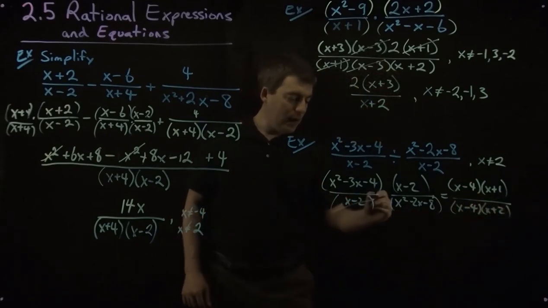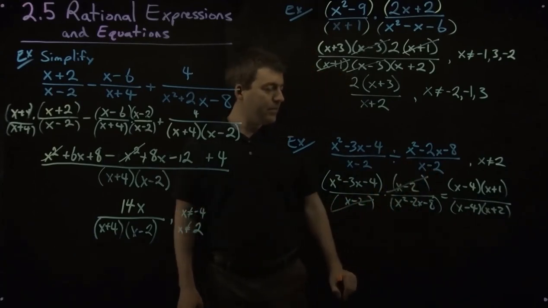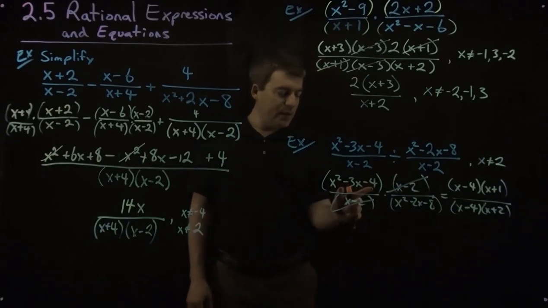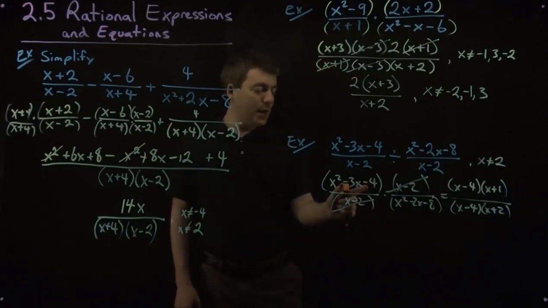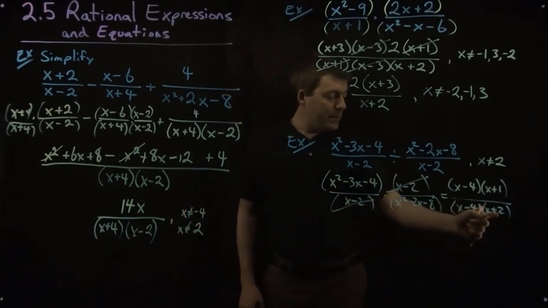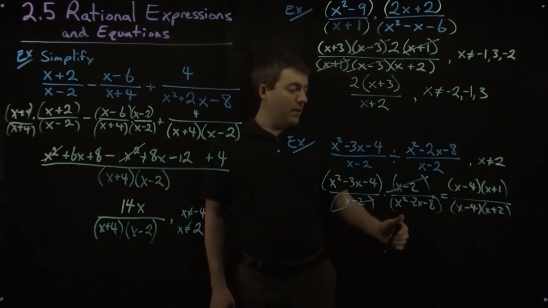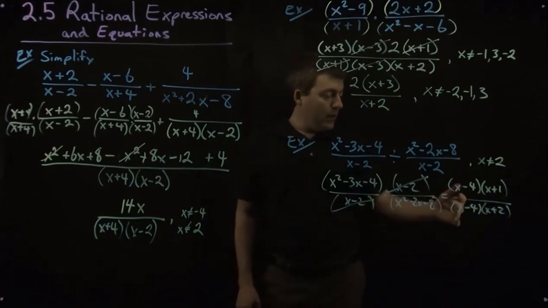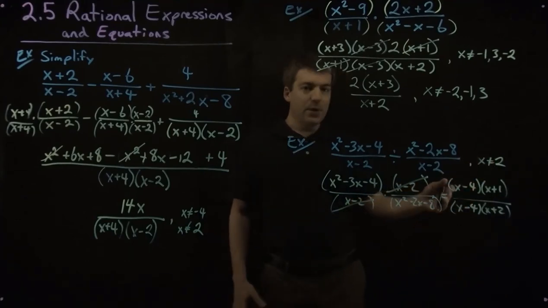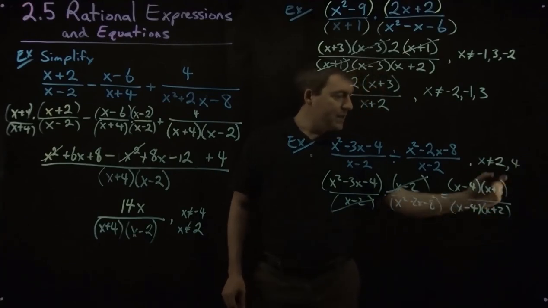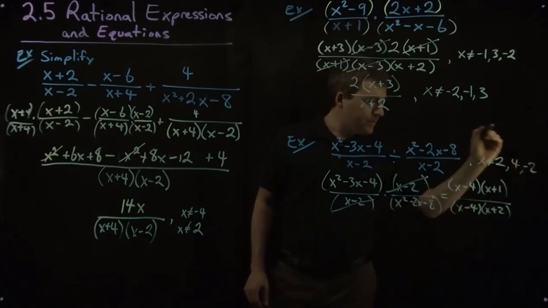All right, I'm going to go ahead and cancel these out. So x minus 4 times x plus 1, that's the factorization of this quadratic. X minus 4 times x plus 2 is the factorization of this quadratic. All right. Now we will note all the values that must be excluded. We have 4, so we'll add that to the list, and negative 2.